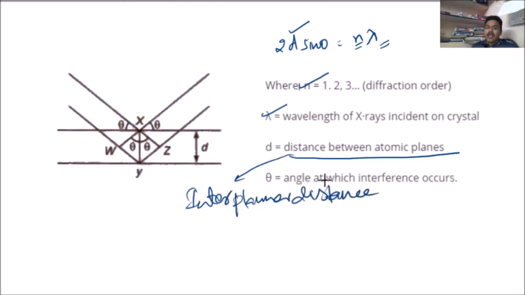Theta is the angle at which the interference occurs, the angle of incidence. This is what our Bragg's equation is about. The terms are important here.